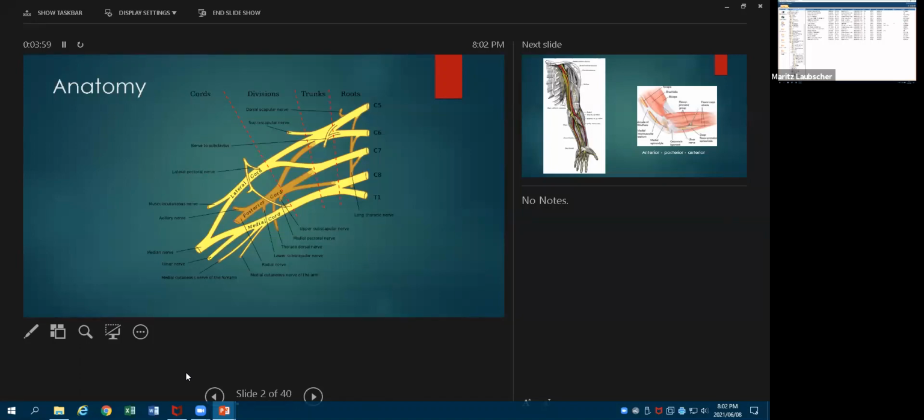So we talk about the ulnar nerve, which is here. The ulnar nerve comes off the medial cord. And the medial cord really just gives off the ulnar nerve, but it also gives off this very big branch to the median nerve. It's the medial limb of the median nerve. And then the lateral limb of the median nerve, and then there's the ulnar nerve.